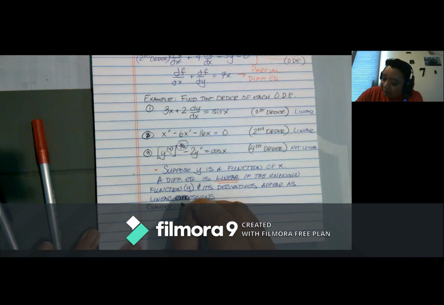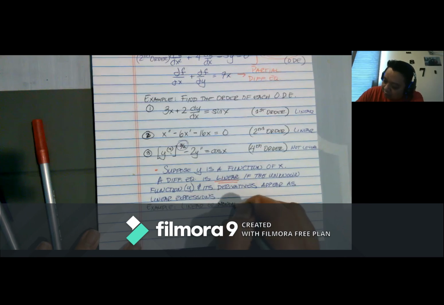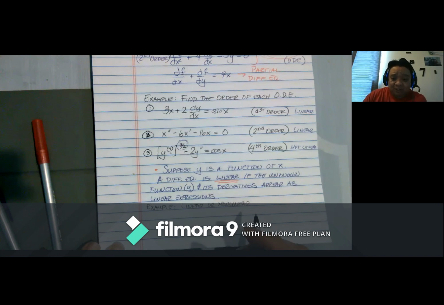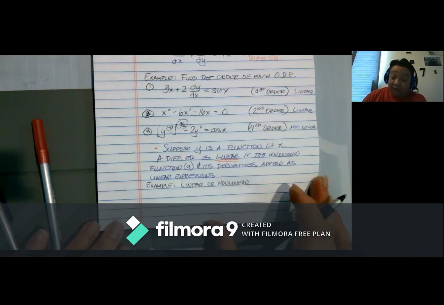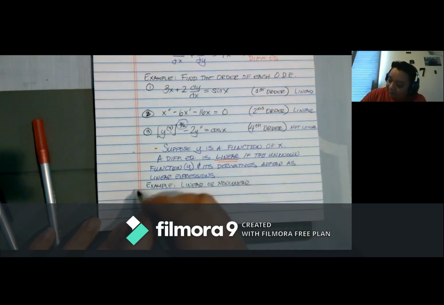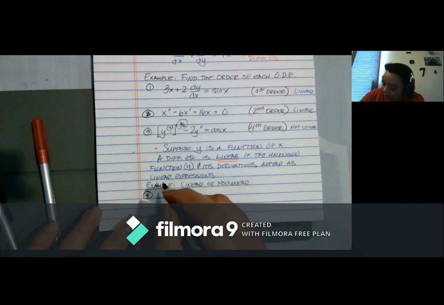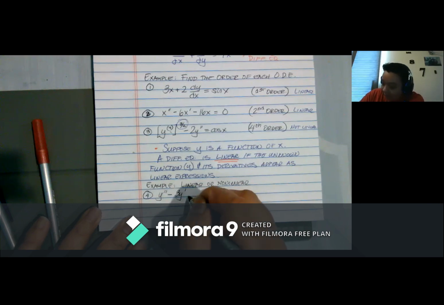So in this one, all I want to know is, is it linear or not linear? Tell me whether each one of these equations is a linear differential equation or a non-linear differential equation. Okay, so number 4: y double prime minus 3y prime plus y squared equals 0.